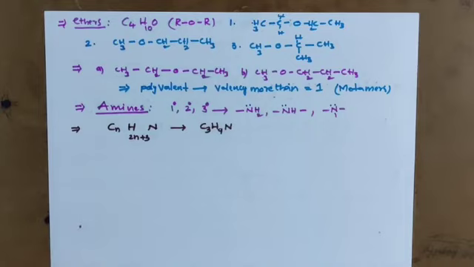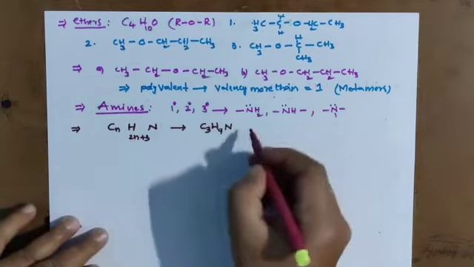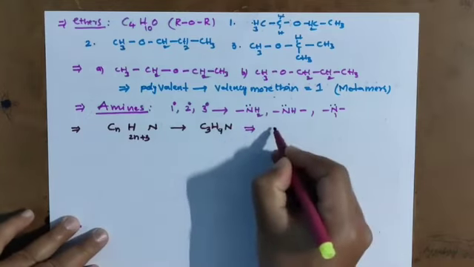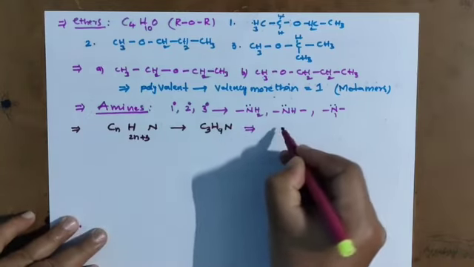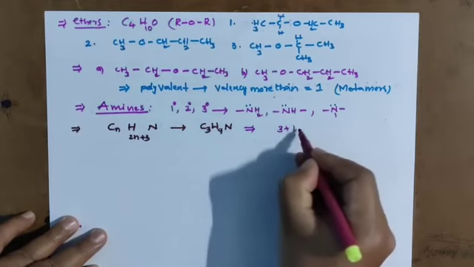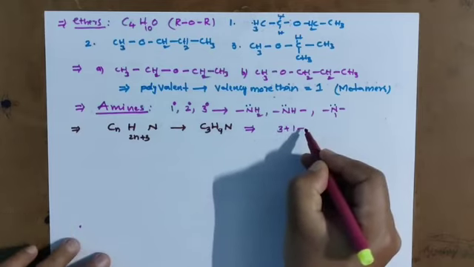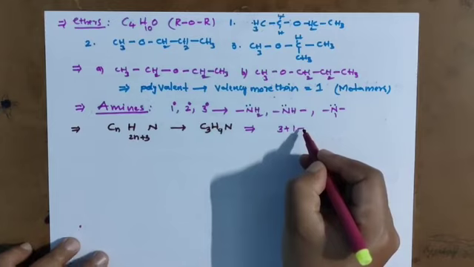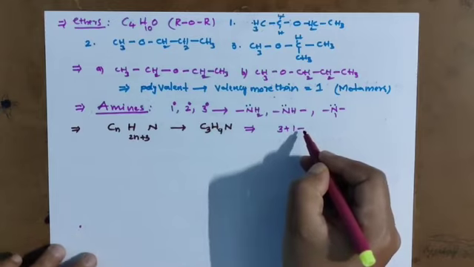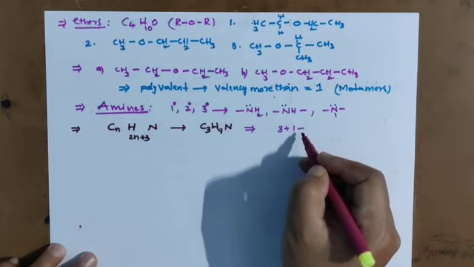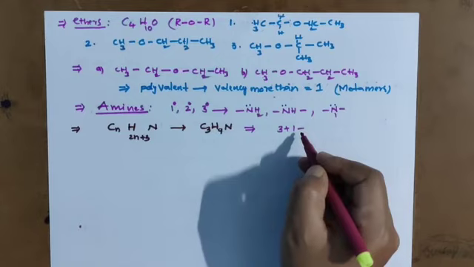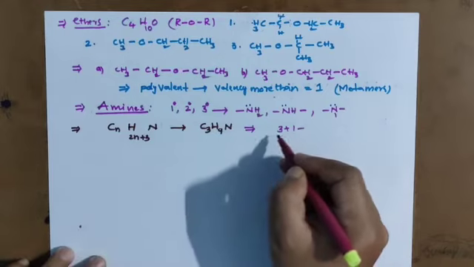Now we have to test how many structural isomers are possible. First you calculate DBE. DBE is the number of carbon atoms, 3, plus 1, plus N by 2, where N is the number of nitrogen atoms. Here we have only 1 nitrogen.